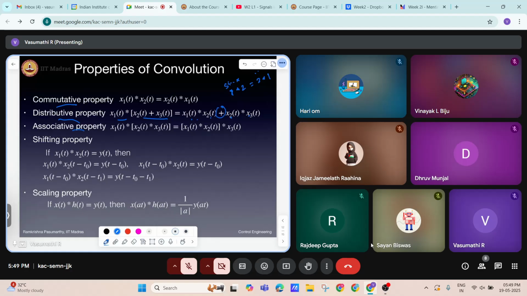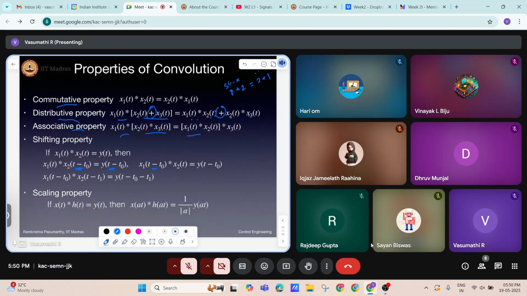Associative means the order of your multiplication does not matter; you can mix and match the signals. The shifting property tells us, whenever one signal is time shifted, your output will also be time shifted.